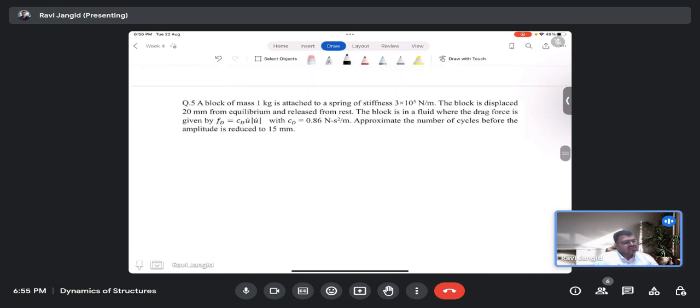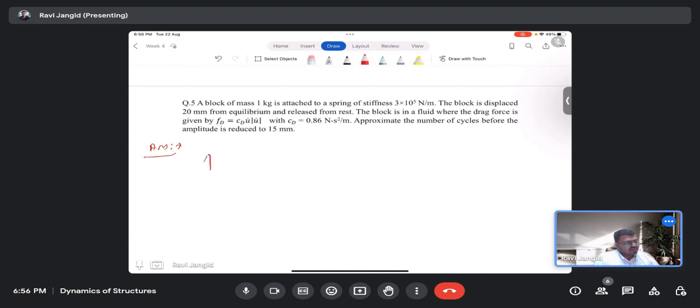then we have given a same kind of question, but in this we have a block of mass 1 kg attached to a spring K, and the block is displaced 20 from the equilibrium and released from rest.